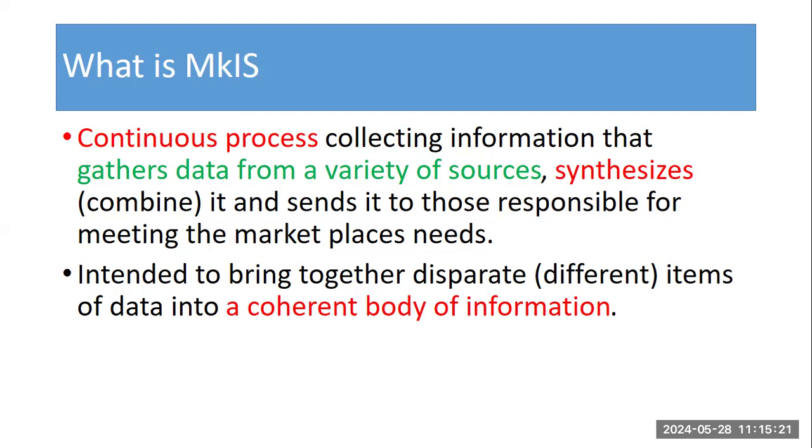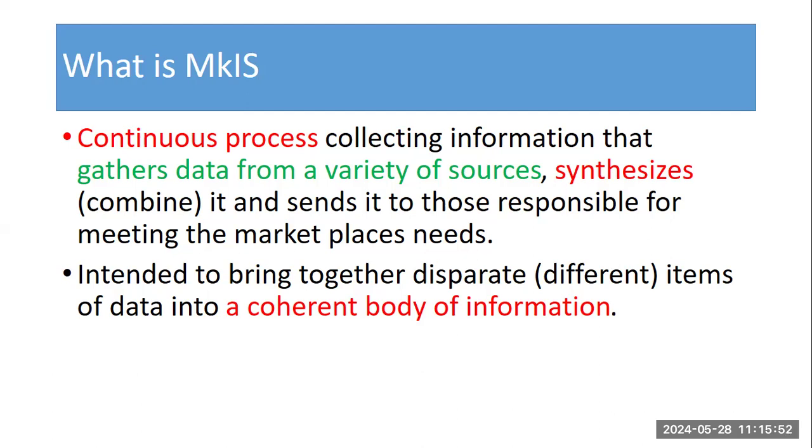Now they combine all sorts of information gathered from the different sources, and they can use the marketing information system to analyze the data, and finally make it into information and send it to the responsible people who need this information for their marketing activities.